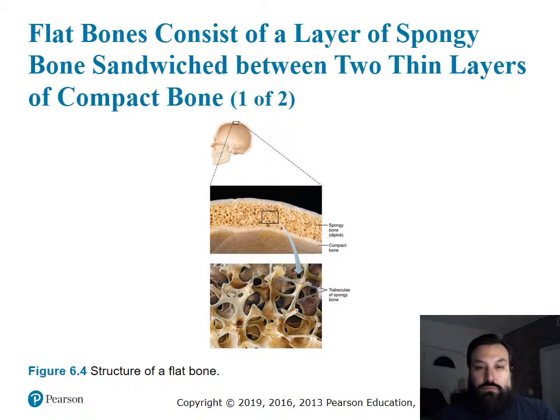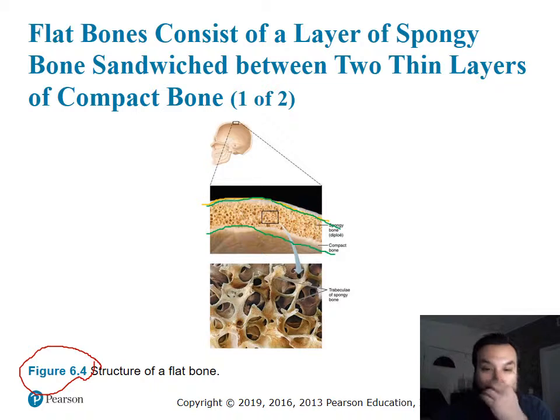Okay, so going to figure 6.4, it talks about the flat bone and what it looks like. Let's say right here this would be compact bone, compact bone there, and compact bone there.